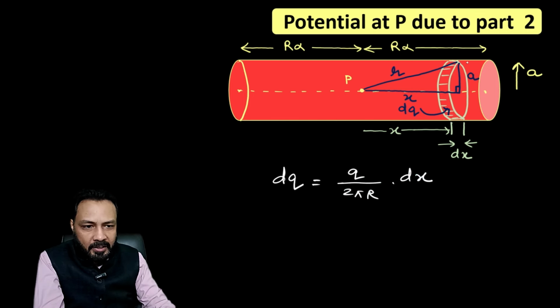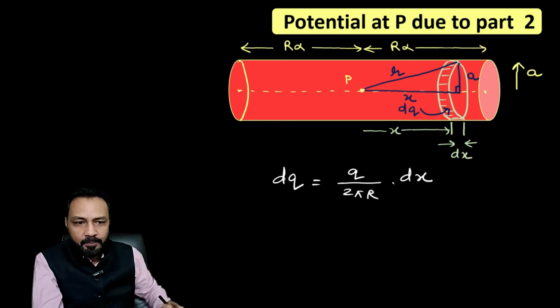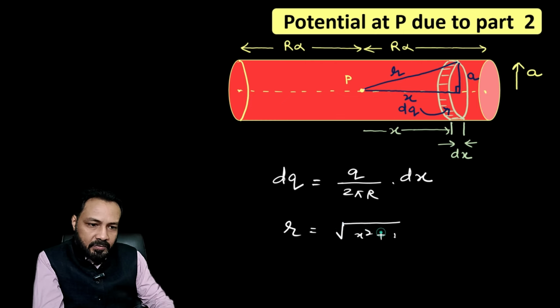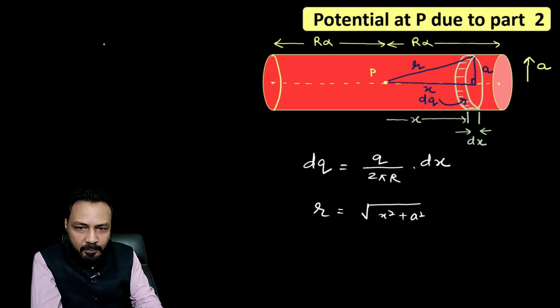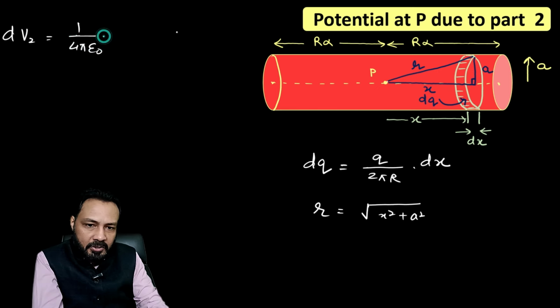Now because this is a ring and this point P is at the axial position of the ring, all the points are at the same distance, and this r is obviously square root of x square plus a square. So the potential at P because of part 2, for this element dq, dV2 is equal to 1 over 4 pi epsilon naught and dq divided by that r.